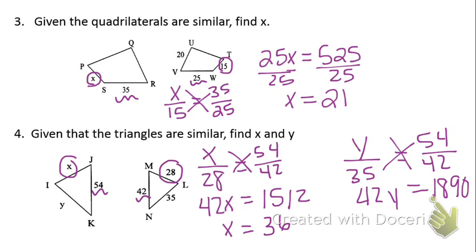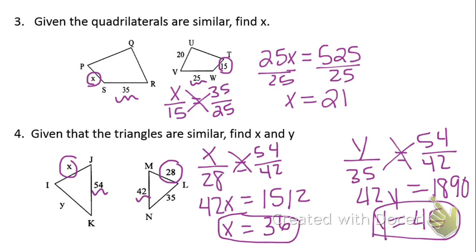Now our last step, divide by 42, and y equals 45. Now again, if you set up a different fraction and got the same answer, that's okay. There's multiple ways to do each of these problems.